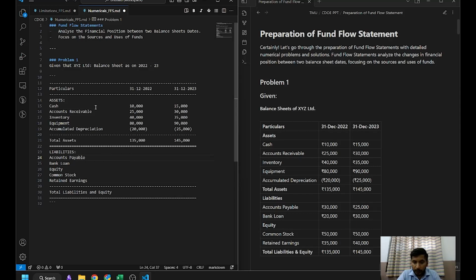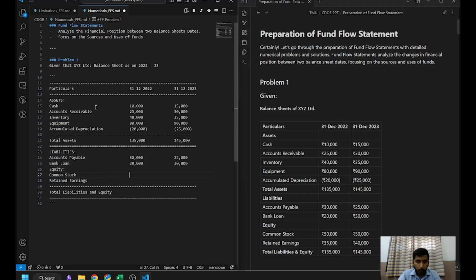As far as the liabilities go, we have the accounts payable of rupees 30,000 for the year 22, and for the year 23 we have 25,000. Bank loan, we have 20,000 for the year 2022 and 30,000 for the year 23.